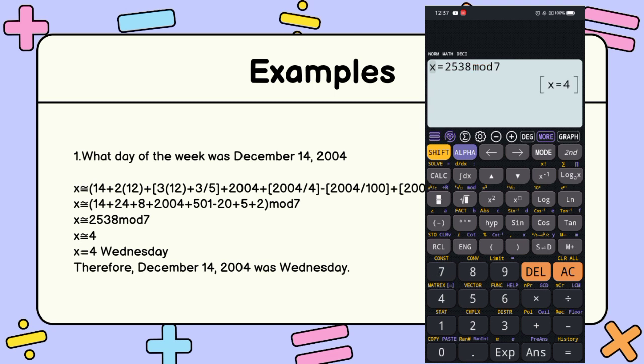The remainder is 4, so the day is Wednesday. Therefore, December 14, 2004 was Wednesday.